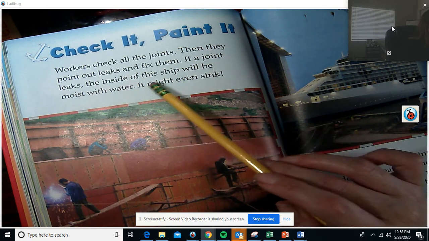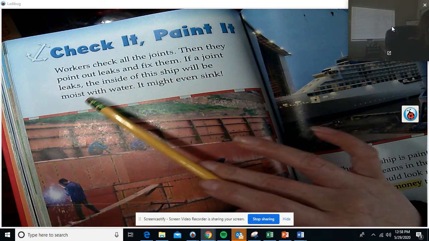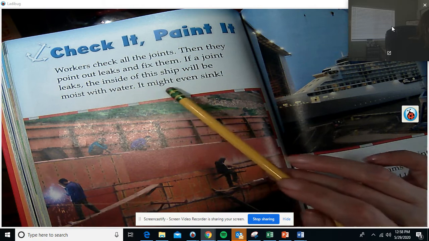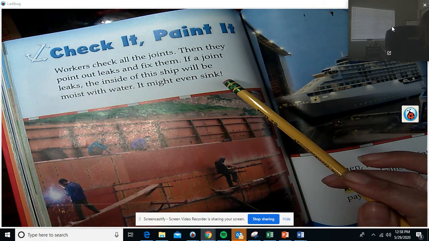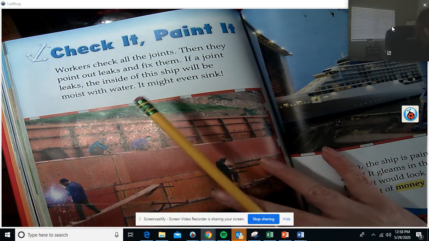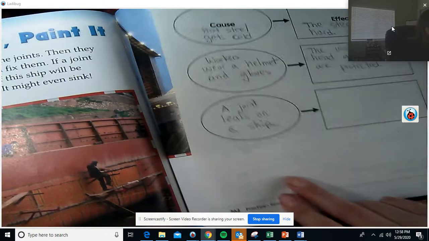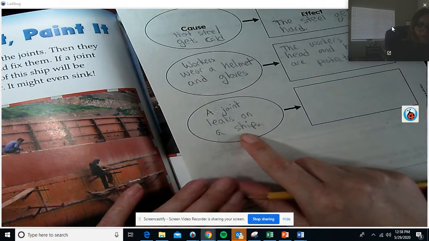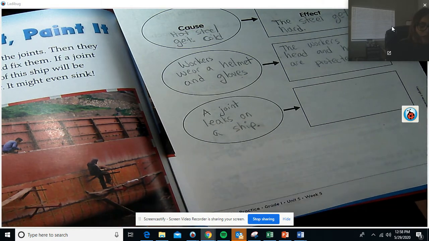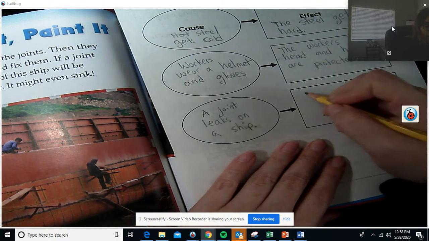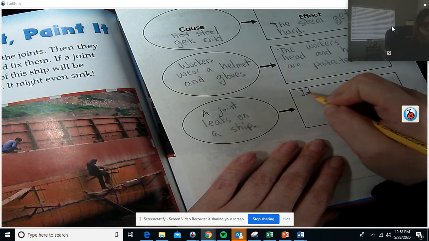The inside of the ship will be moist with water and it might even sink. So what happens if water's getting through that joint? If a joint leaks on a ship, it gets moist.